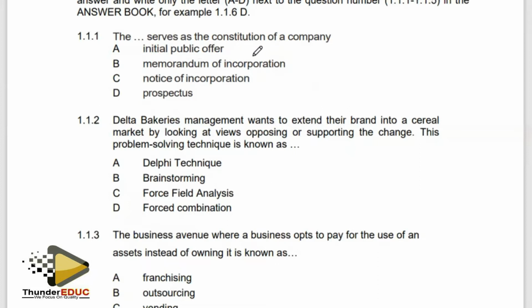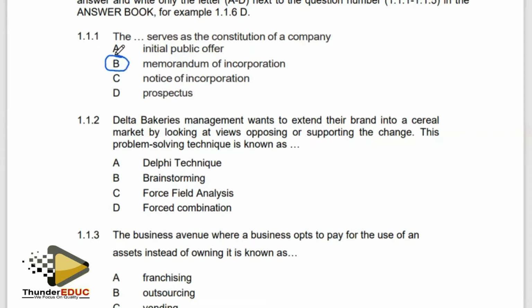This is never there. It has never been one of the documents of the companies, and therefore it is wrong. So when you look at the memorandum of incorporation, definitely this is the most appropriate answer.